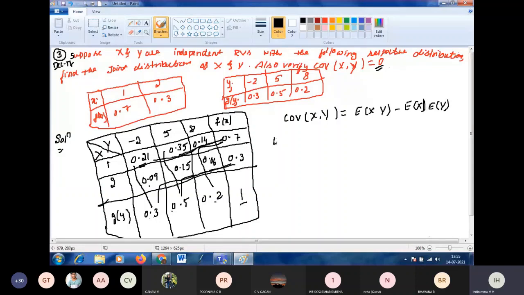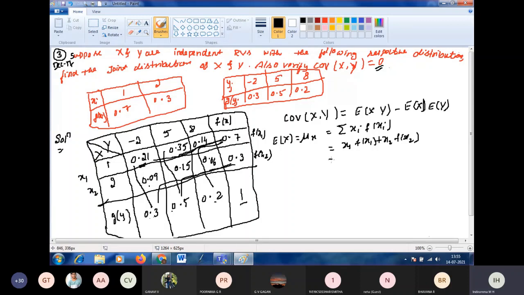First, find the expectation of x. Expectation of x is mu x, which is the summation of xi into f of xi. So we have x1, x2 with marginal values f of x1 and f of x2. That is x1 into f of x1 plus x2 into f of x2.